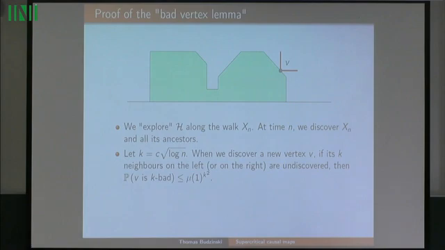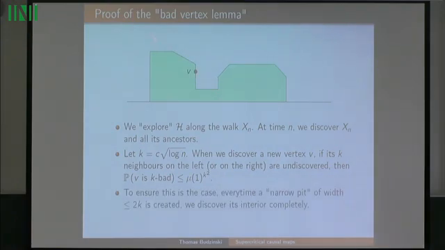On the other hand, I still may have a problem if I try to discover this vertex, because here I don't have a lot of room on the right. Of course, on the left, everything is already discovered. And on the right, I don't have a lot of room, so I already have maybe a lot of partial information about the right neighbors of this vertex. This is something I want to avoid, this kind of situation with very narrow pits.